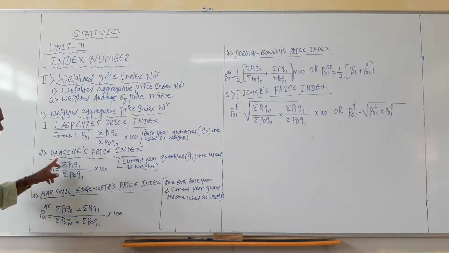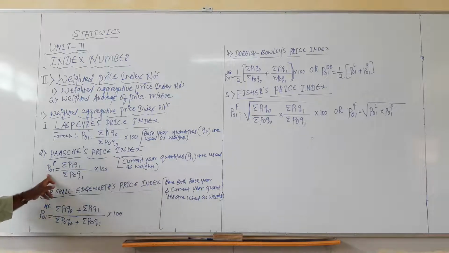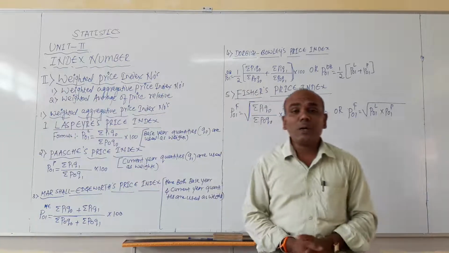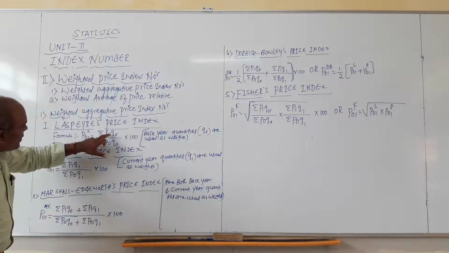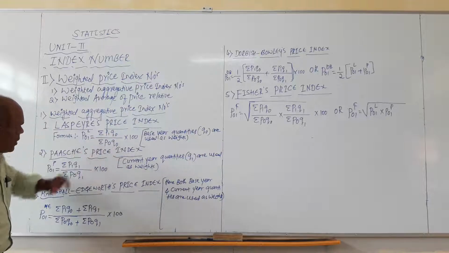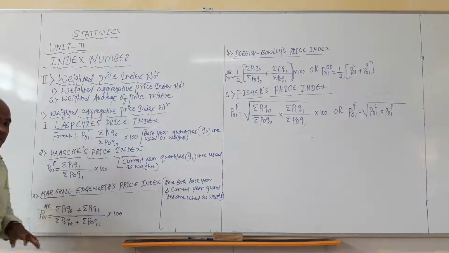Second one, Paasche's price index. The formula is P of 0 1 raised to P equals summation of P1 Q1 divided by summation of P0 Q1. See the difference: in the previous formula we took Q0 on both sides, and in this formula we take Q1.